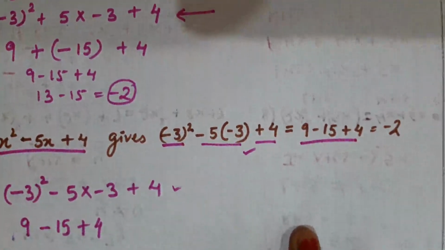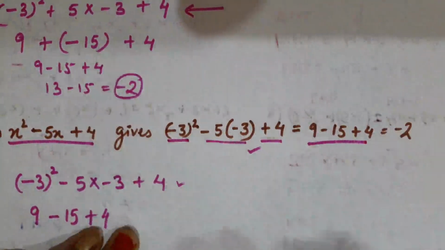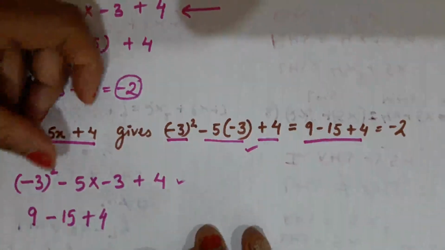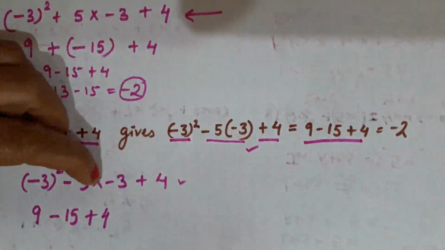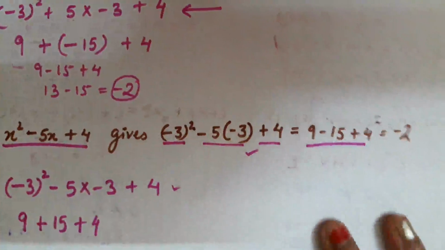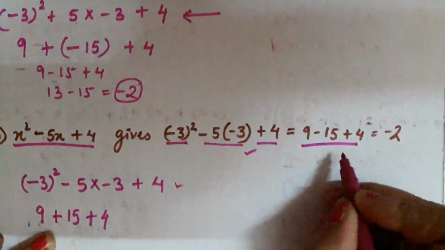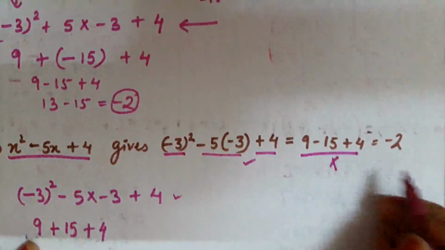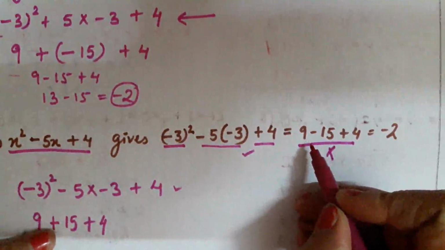Okay, see children, here -5 into -3, minus minus add, so plus sign should be there instead of minus. So this is wrong because here it is not matching. Minus sign is here, we are having plus sign here.